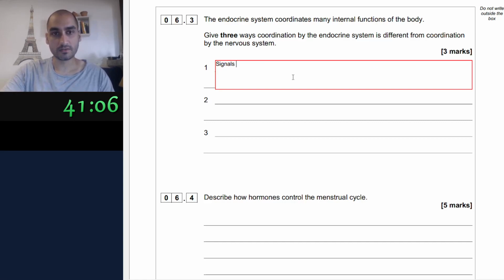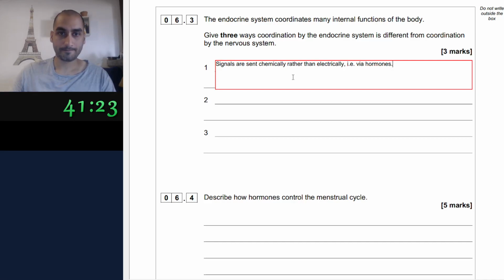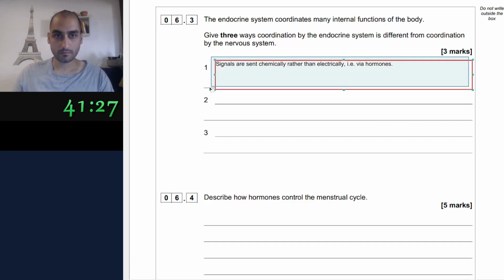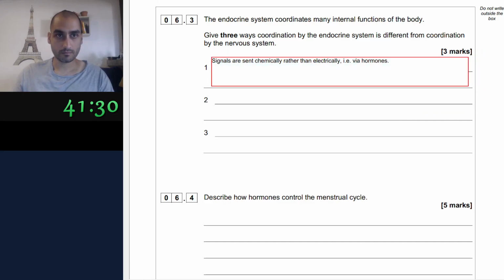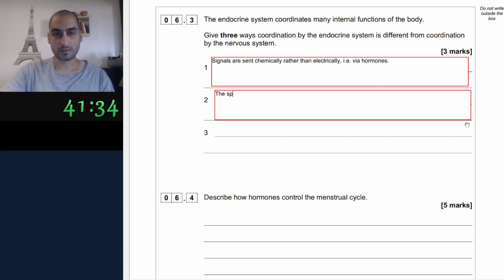Okay, signals are sent chemically rather than electrically, i.e. via hormones. The spinal cord is not involved.